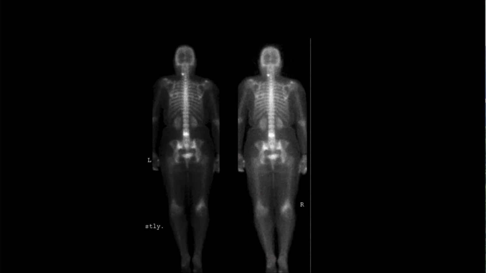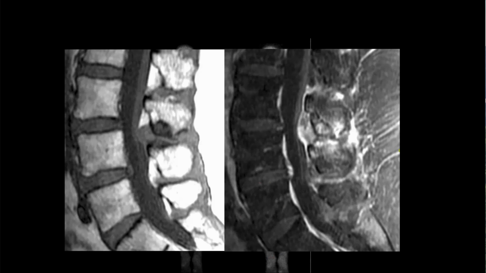Bone scan. Increased uptake in a lumbar vertebra. Maybe the disc, who knows? This is what the MR scan looks like. Some edema between the interspinous processes. Looks like they're articulating. So the vertebral bodies are okay.